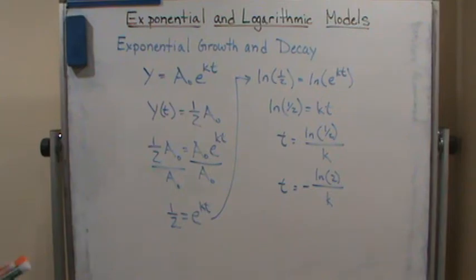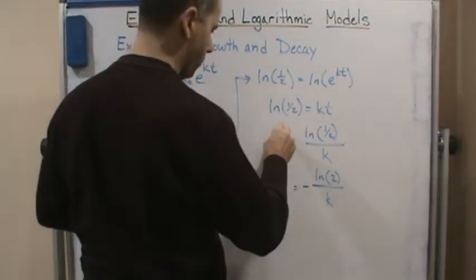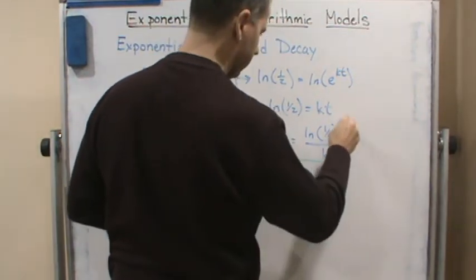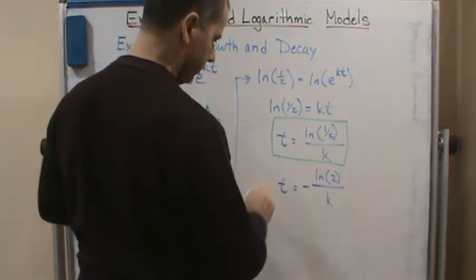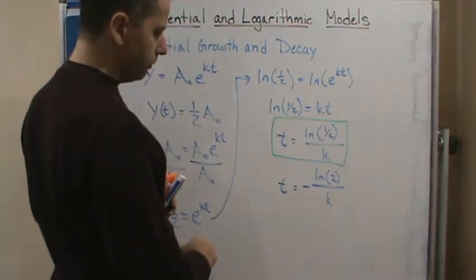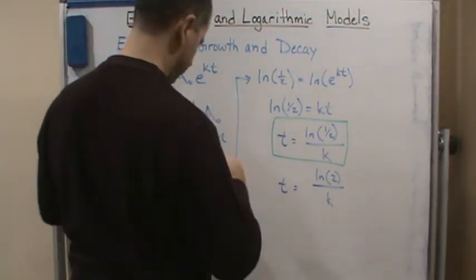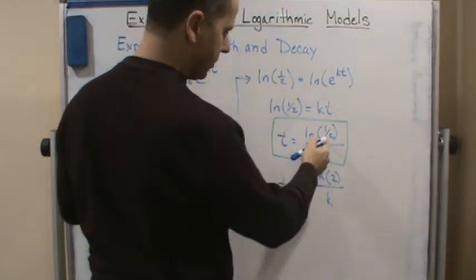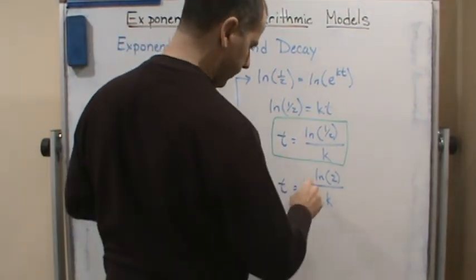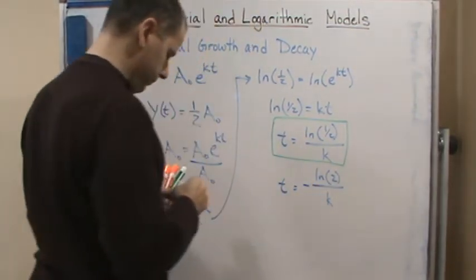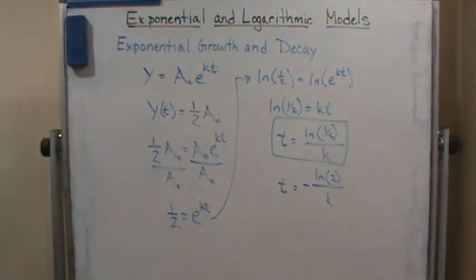It's the same formula. Okay? I prefer this one because then you don't have to worry about the negative sign. Okay, and it's just natural log of 1/2, right? So again, it's not like it's going to be that difficult to calculate in your calculator.